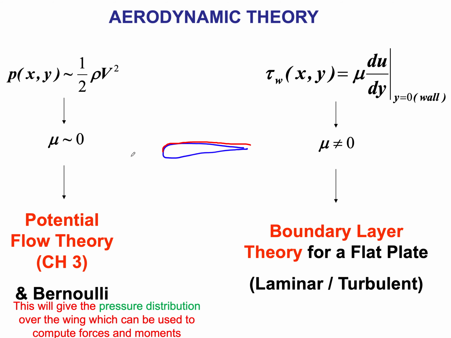And what we are going to do in the aerodynamic theory that we're studying in this course is, why are we doing all this in the first place? Well, because it all goes back to the fact that aerodynamic theory predicts the aerodynamic forces on an object.